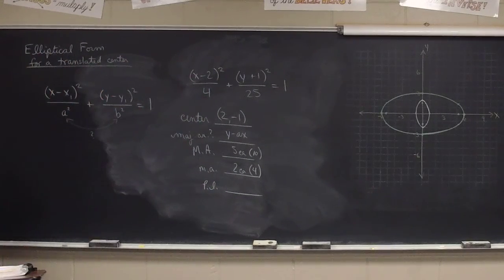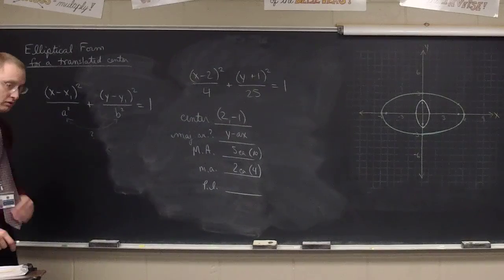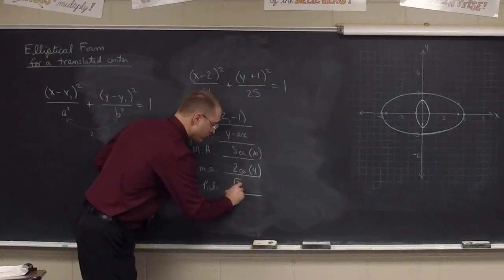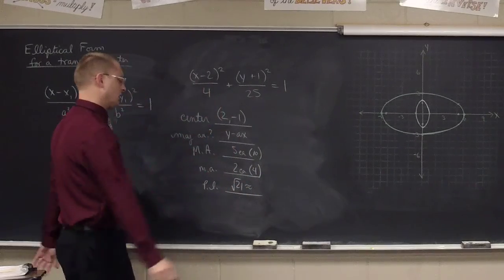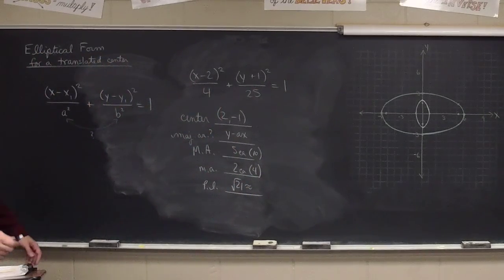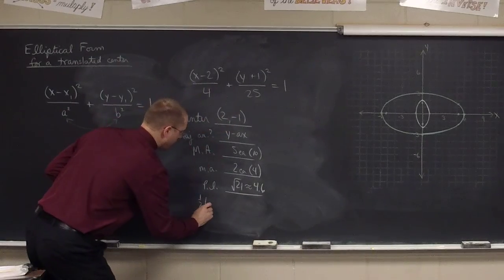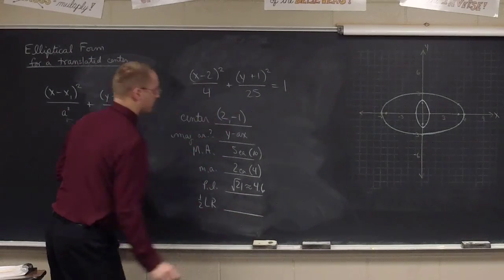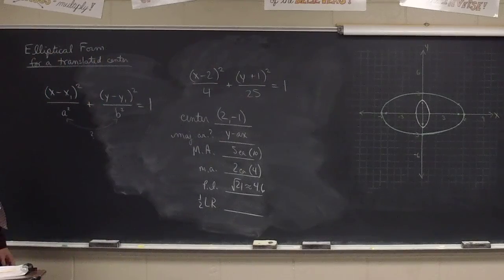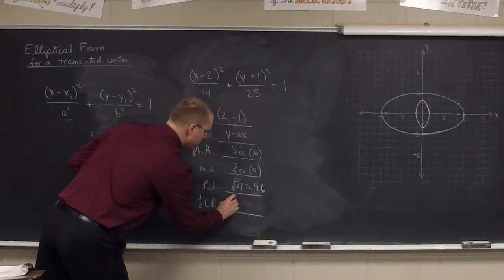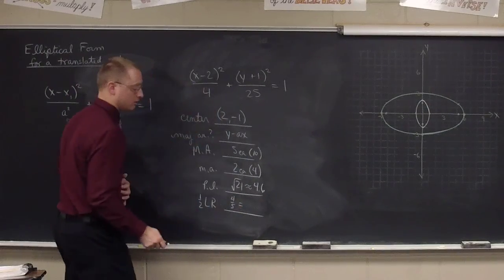Radical first. Square root of 21, which is approximately 4.6. And then, how long are the half latera recta? Fraction first. 4/5, which as a decimal would equal 0.8.